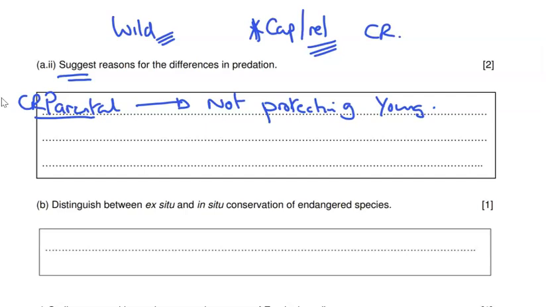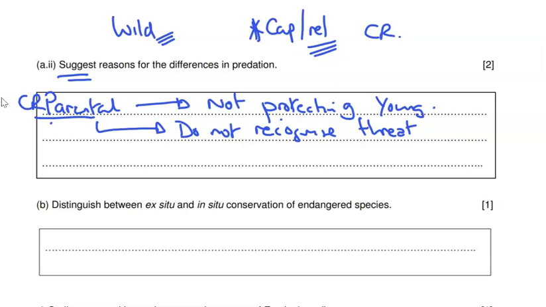It could be that it's not just a question of not protecting, it could be that the same parents, because they're captive bred, do not recognize the threat, so that they don't actually know what these predators are, and therefore don't protect themselves or their young from that.